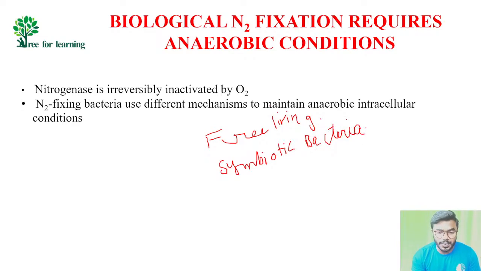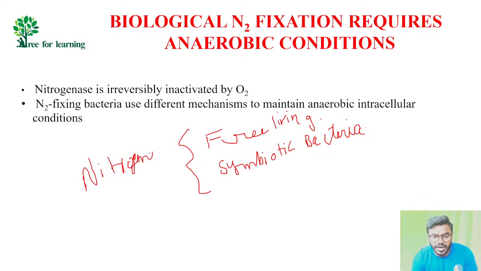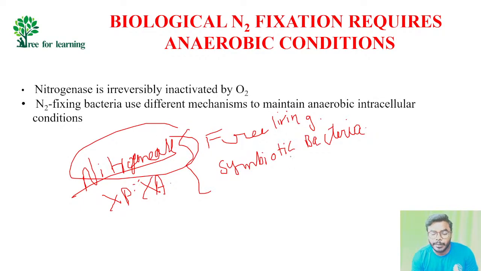One point you have to remember, they should have certain enzymes. Among all those, what will be the most important enzyme required by these two types of bacteria? Nitrogenase enzyme. This nitrogenase enzyme is absent in the plant, absent in the animal also, specially present in the free living and symbiotic bacteria.